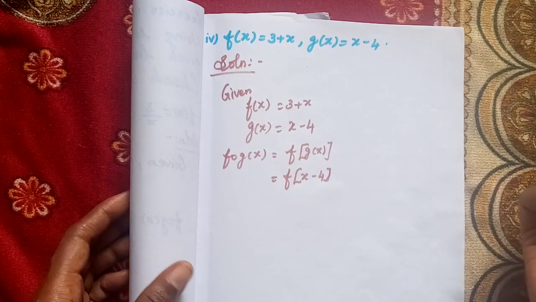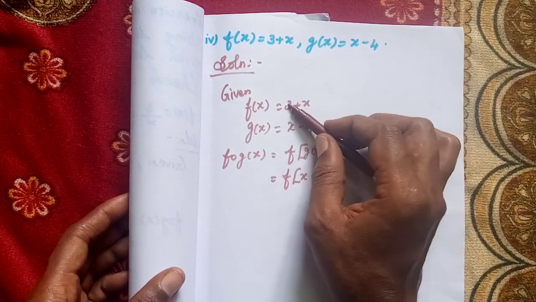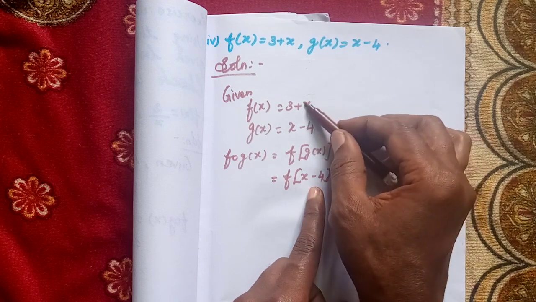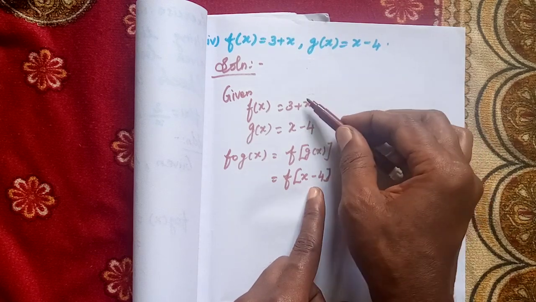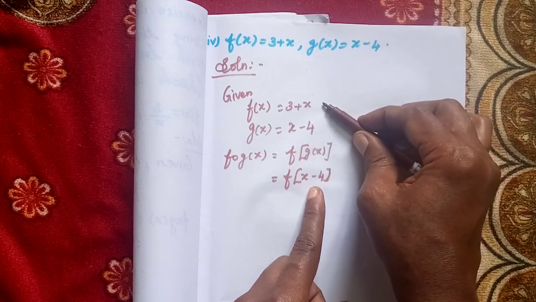Now, what is f of x? Listen carefully. f of x means 3 plus x. For f of x minus 4, in place of x we have to substitute x minus 4.